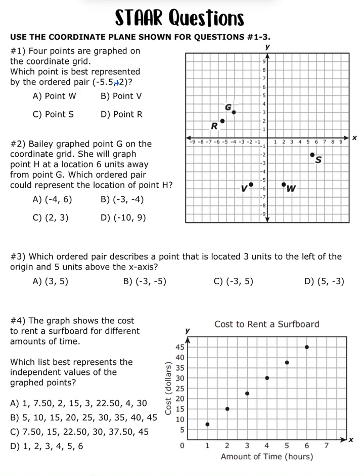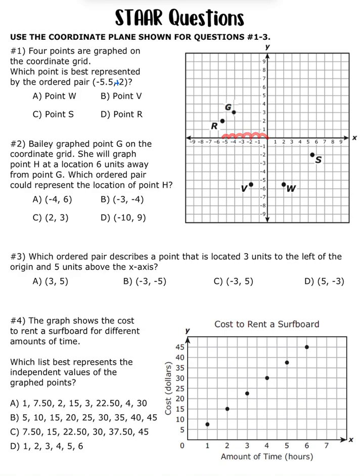So I'm going to walk -5.5. I'm going to start at the origin and go 1, 2, 3, 4, 5. And then 5.5 would be right in the middle of 5 and 6. So again, we're counting those boxes. -1, -2, -3, -4, -5, and then half.